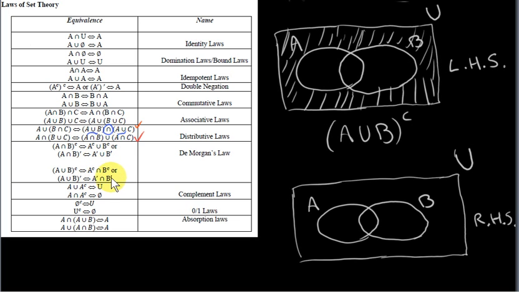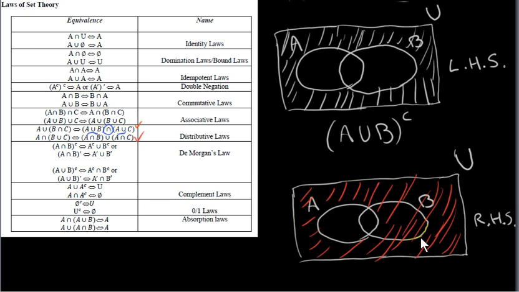Now let's look at the right hand side. We want to look at A complement intersecting B complement. Let's first look at A complement. That's everything outside of A. So I'll do A complement in red. We want the intersection of A complement with B complement. B complement is everything outside of B. So I'll do B complement in blue.